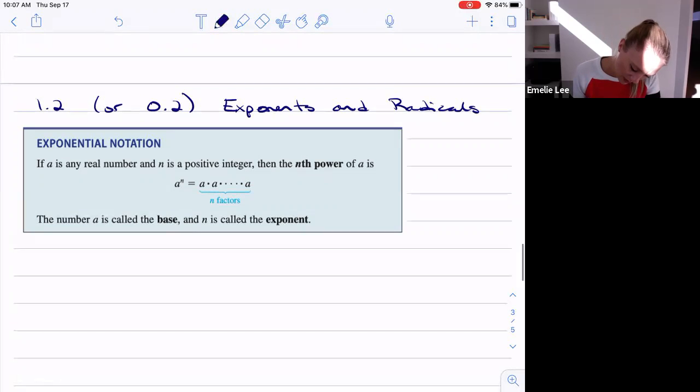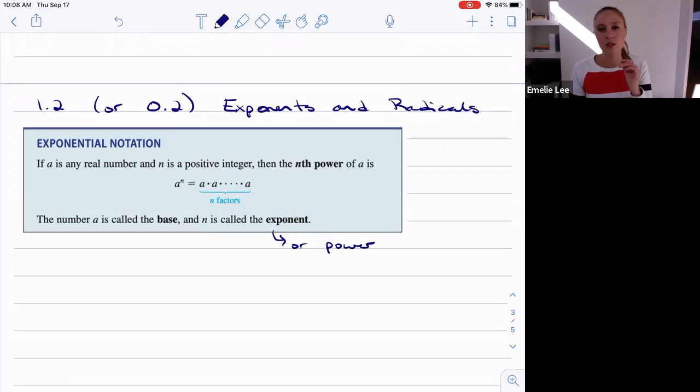So exponent or power, if you prefer. We should call it exponent, but sometimes I just like to call it the power, so just open to both. Because we do talk about the nth power, and then we call n the exponent, so they're interchangeable.